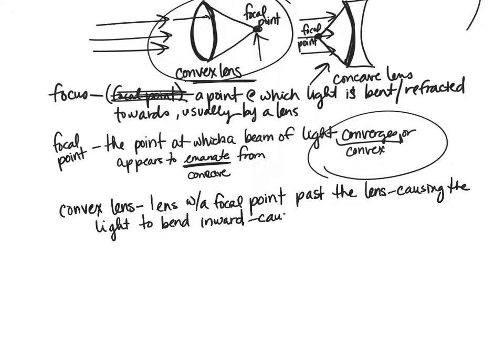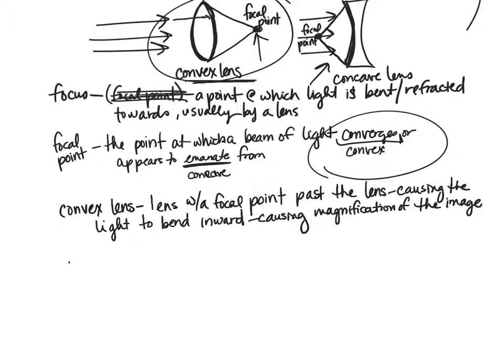And then this is causing magnification of the image. And of course, this is why we're talking more about convex lenses, is because we're trying to magnify the image. We want to make sure that we can increase it so that we can see it, because oftentimes we're looking at very small things.